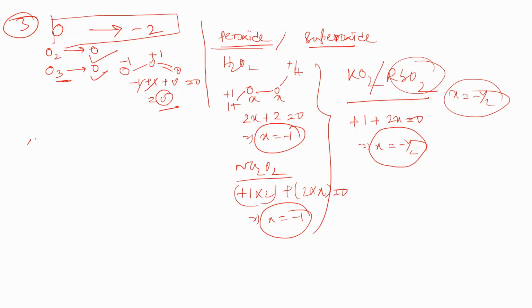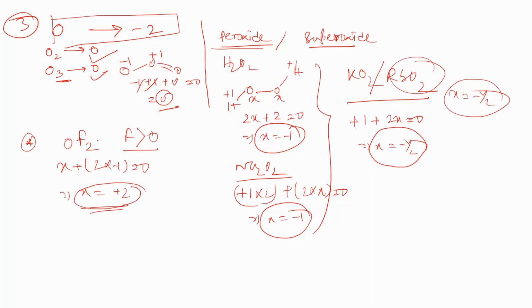Like that, if I discuss another compound, suppose OF2, we know that here the fluorine is more electronegative than oxygen, and the fluorine has the -1 oxidation state. So what will be that? x plus 2 times -1 equals 0. So in this case x will be +2. Now we know that oxygen has -2, but here it is giving +2 because it is attached to fluorine.